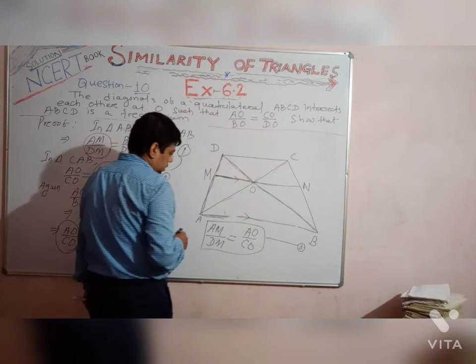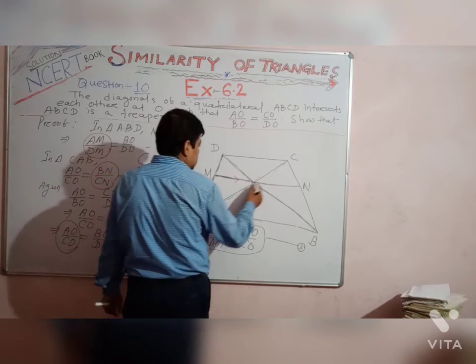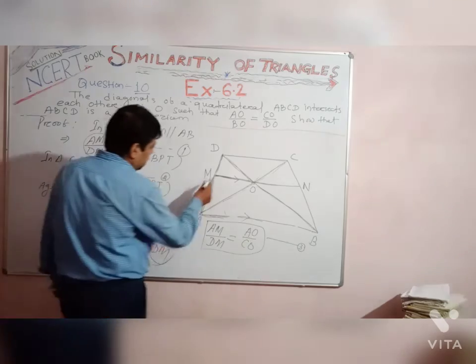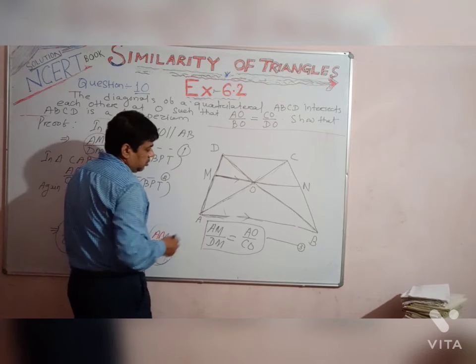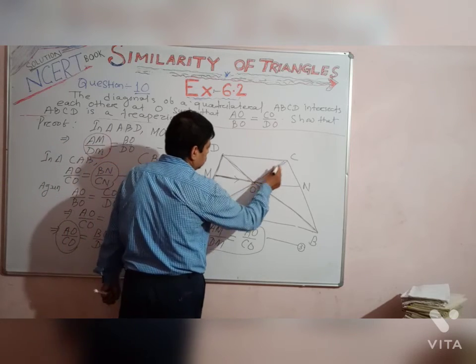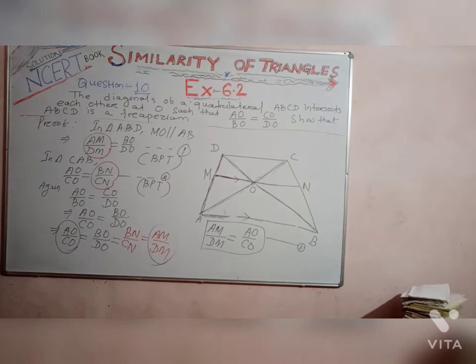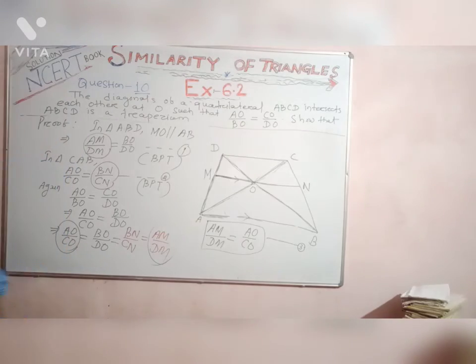Now look here. In the triangle ACD, what are you observing? AM upon DM is equal to AO upon CO. It means, according to the converse basic proportionality theorem, can you prove OM parallel to CD? Can you prove? Yes or no?